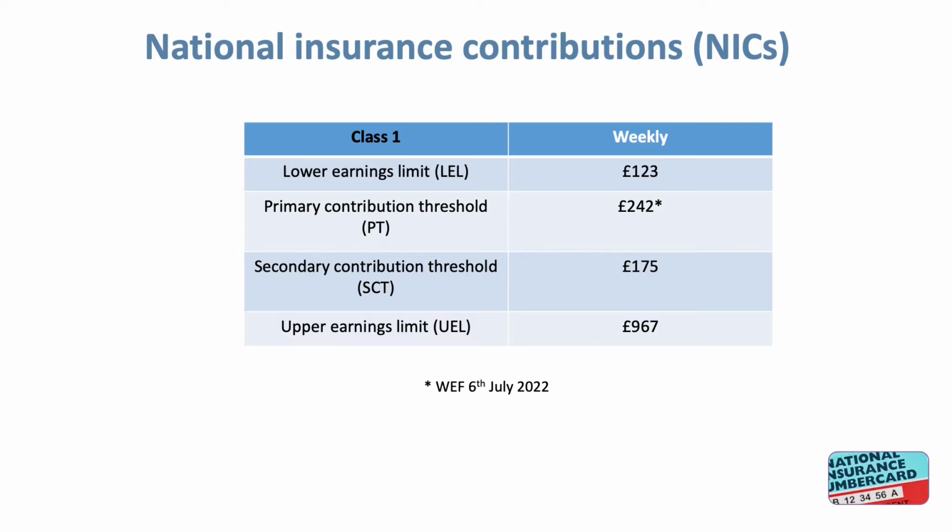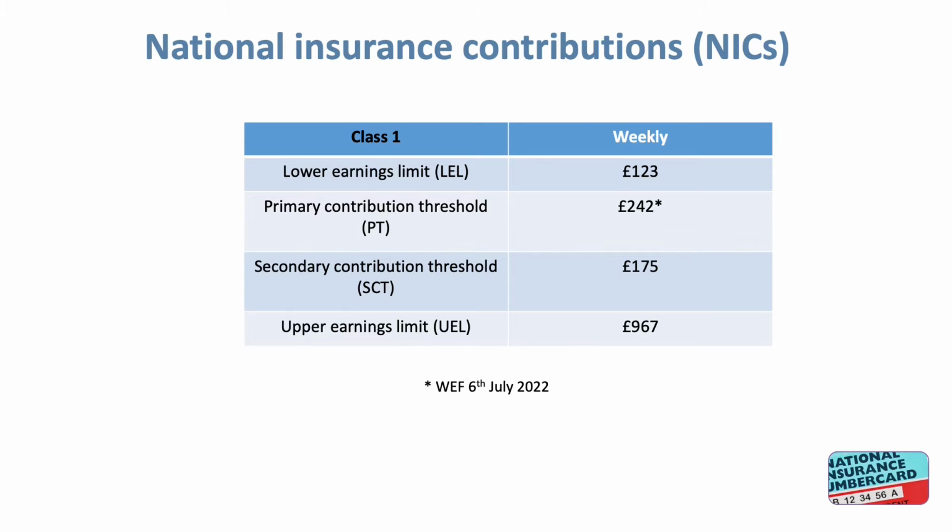So essentially what happens is that you pay nothing on any earnings up until the primary threshold. Whether you get credit or not will depend on whether or not your earnings are below the lower earnings limit, where you won't, or between the lower earnings limit and the primary threshold, in which you will. So you pay nothing up until the primary threshold.